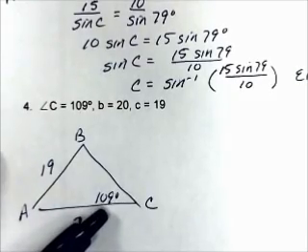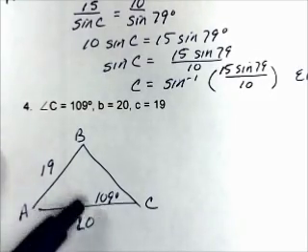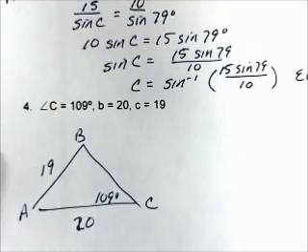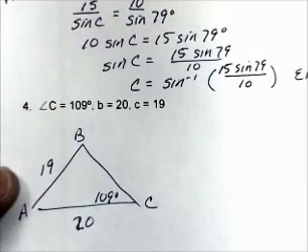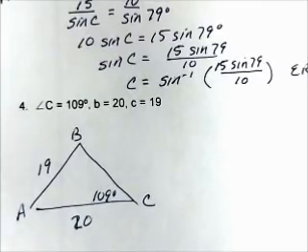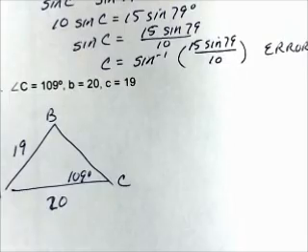This 109-degree angle would have to be the largest angle of the triangle. And so opposite that would need to be the longest side. So it's simply not possible. You could see that right off at the beginning and say, well, you don't need to do any work. There's no triangles that would fit this.